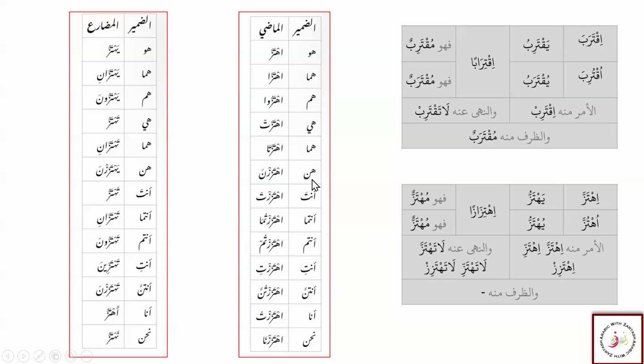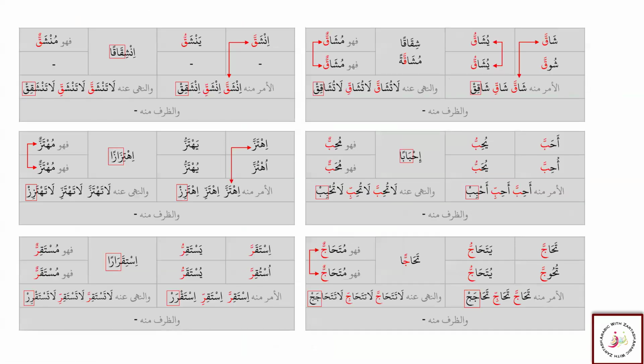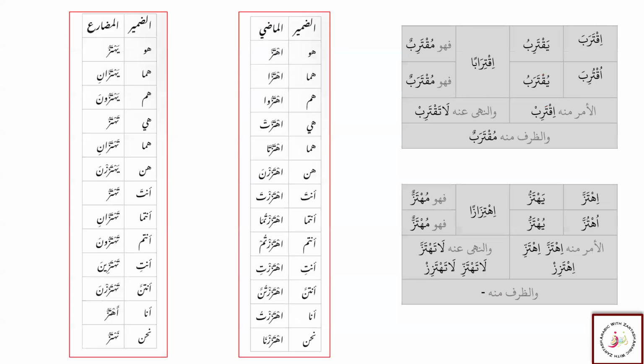From hunna till nahnu, you will see that fi'l madi will have this split version of these two letters. So this is the sarf kabir for the Iktaraba family.